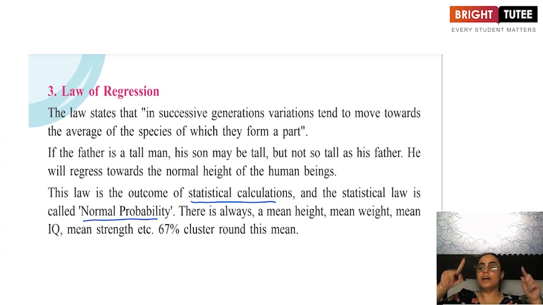And 65% of the population is always going to be found around this average. So 67% of the population will have the average height, weight, body strength, and so on.